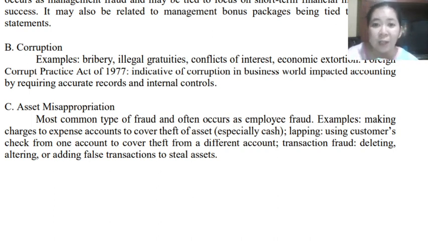Lapping, using customers' checks from one account to cover theft from a different account. This is lapping. Transaction fraud, deleting, altering, or adding false transactions to steal assets. Okay, so these are the examples of how asset misappropriation is conducted by an employee.